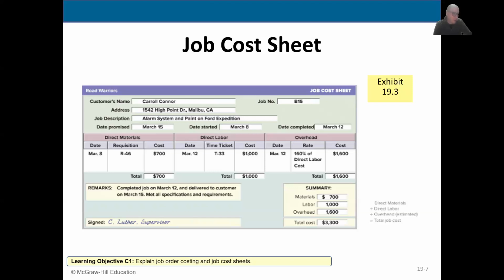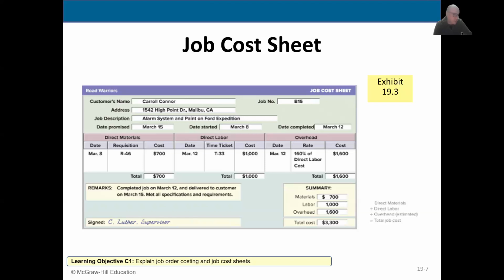The way that works is management decides on what we call a factor, and the factor is based off of a specific cost driver. In this example, the cost driver is direct labor, and management decided to put 160% of direct labor as the factory overhead rate.